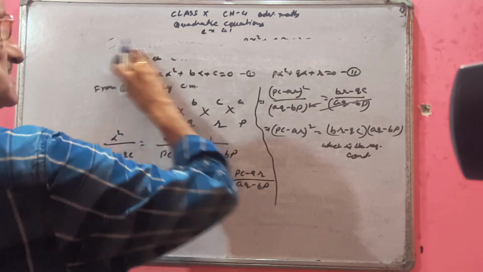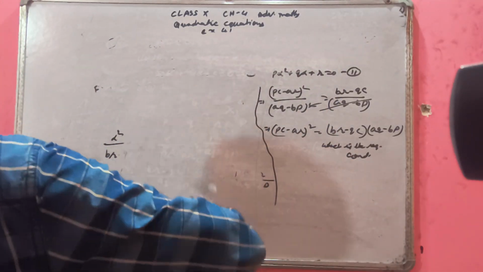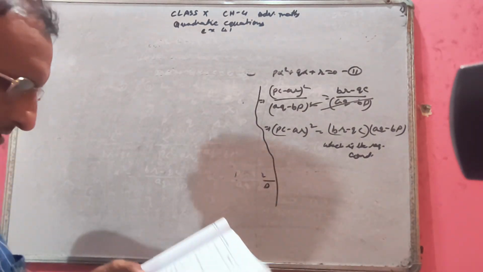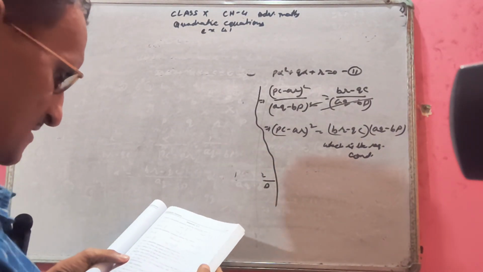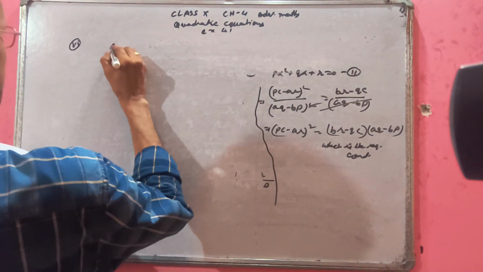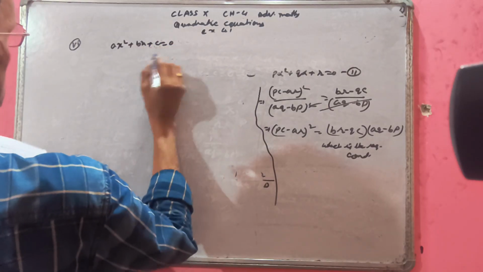Okay, now number 6. One root is 4 times the other, this is easy. General form is given: ax square plus bx plus c equal to 0.